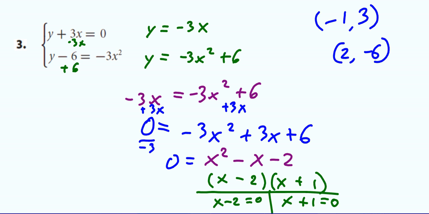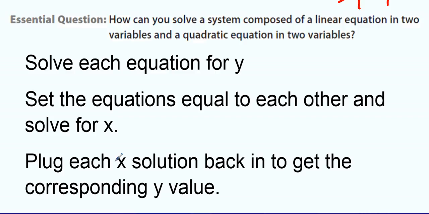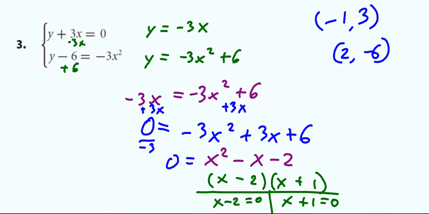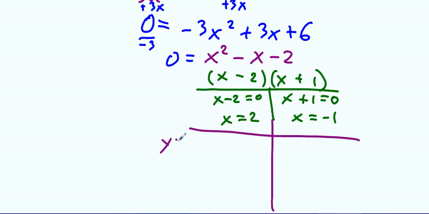All we need to do now is plug in each x solution to get the y value. Pick either equation you want. I would always recommend choosing the linear equation, the one without the x squared. It's a lot easier to plug into. So y equals -3x.